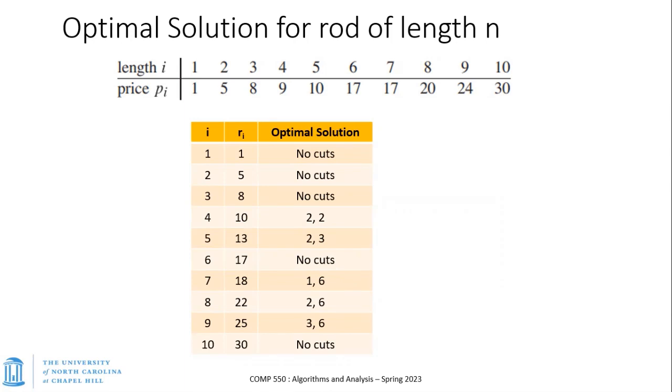If you went in this particular order, how exactly are you forming the solution? Can somebody visualize how we're forming the solution and what data we are using? We've got two sets of data. We've got the original table, which for each length had a price. And then we have another table with the optimal solutions.